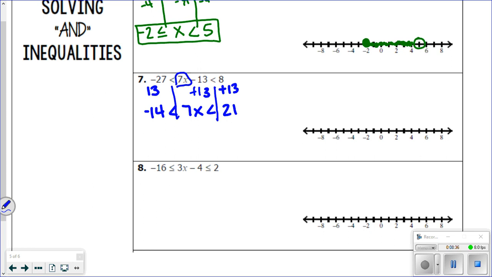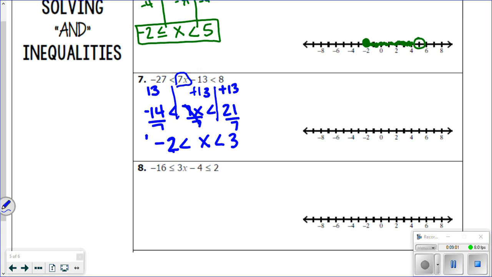We're still not done. We need to get the x all alone. So I want to divide by 7, divide by 7, divide by 7. -14 divided by 7 is -2. Bring down your sign, your x, your sign, and 21 divided by 7 is 3.